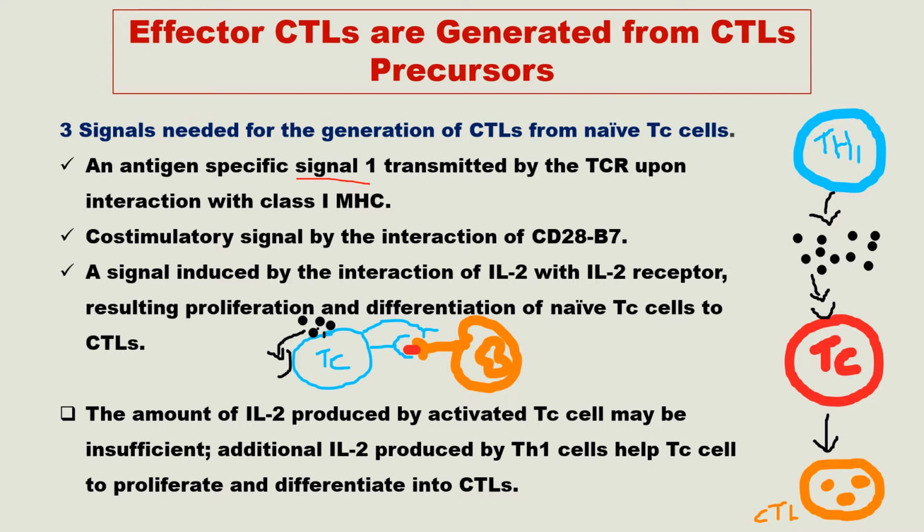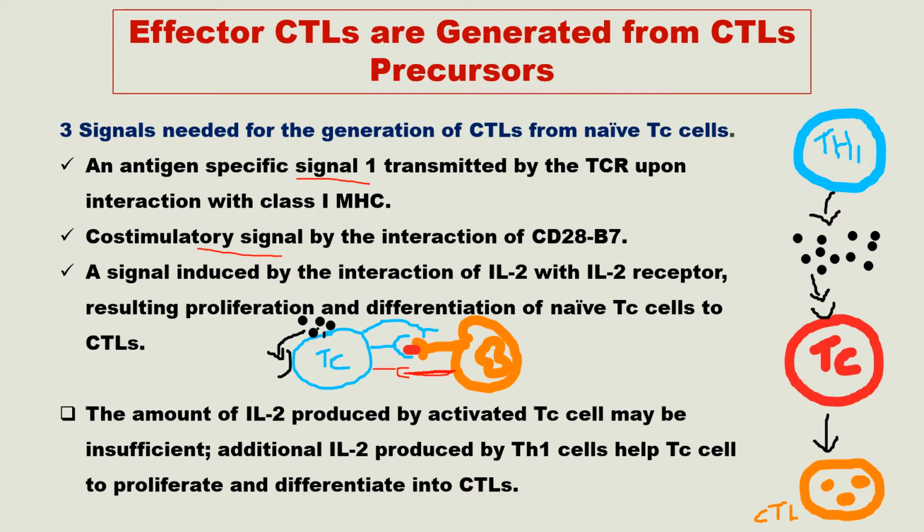Next is signal 2, a co-stimulatory signal, by the interaction of CD28 and B7. CD28 is present on the surface of the TC cell and interacts with B7 present on the surface of the target cell. That gives the co-stimulatory signal, or signal 2.